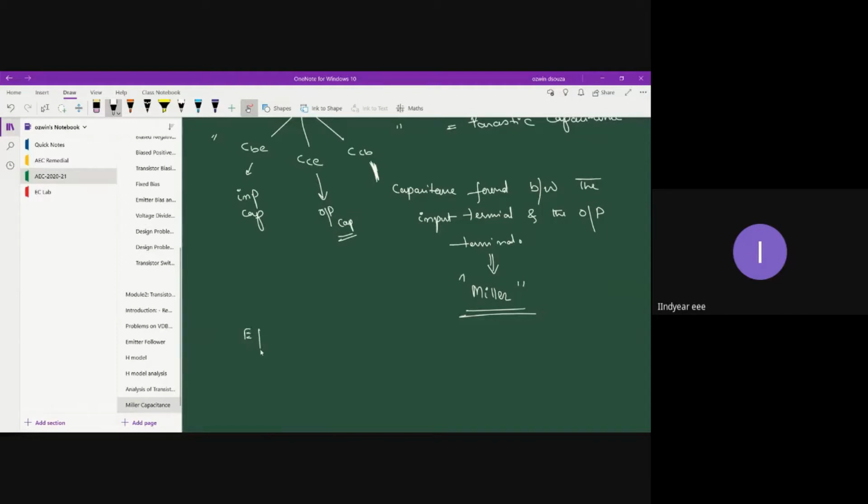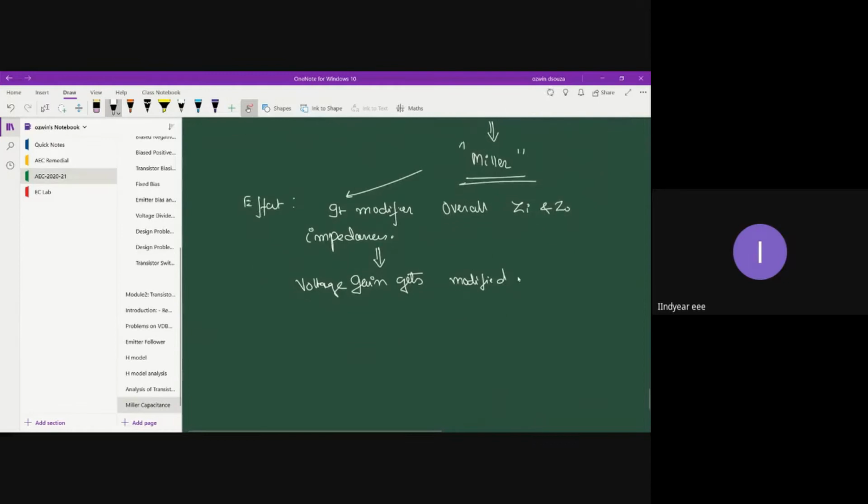Now, the effect of this Miller capacitance is that it modifies overall input and output impedances, due to which the gain, or we can say the voltage gain, gets modified, and hence performance is disturbed.